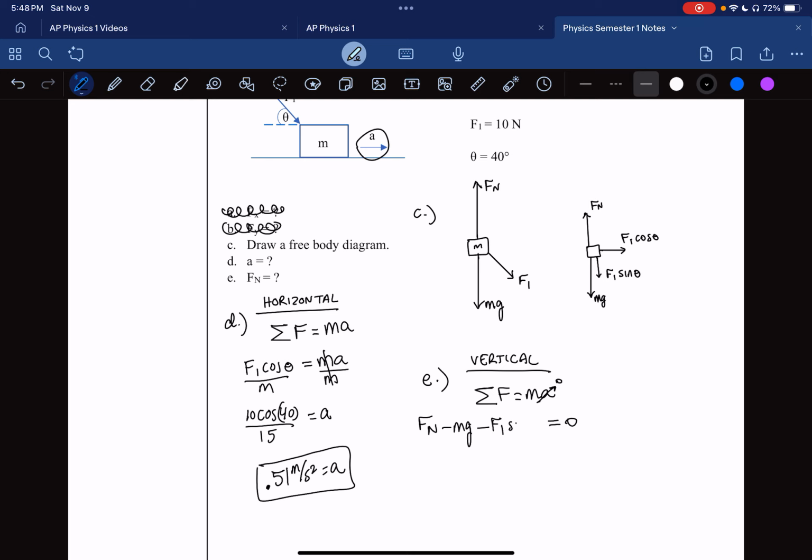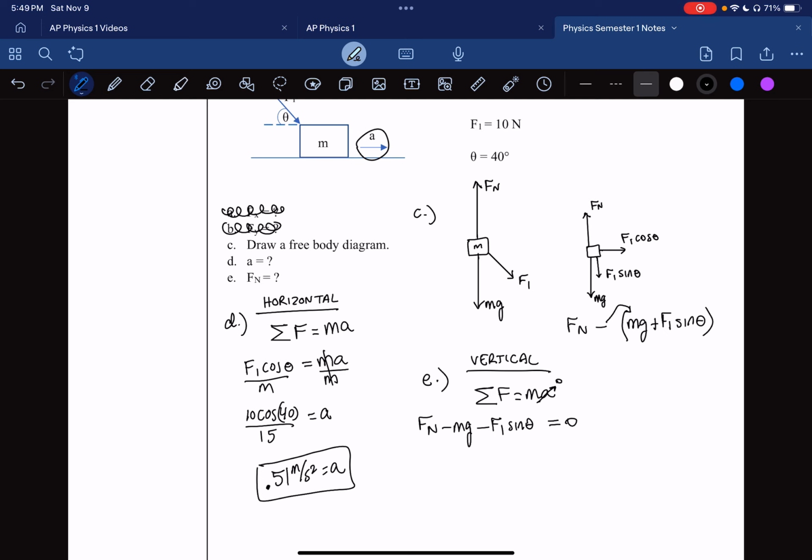F1 sine theta. You might say, aren't these two forces added together? So shouldn't it be mg plus F1 sine theta? And you're absolutely right. If we're going to do it that way, though, we should put it in parentheses because it will be the normal force Fn minus the combined forces here.